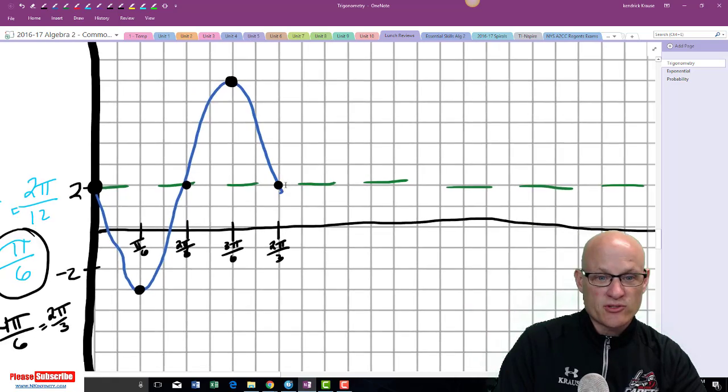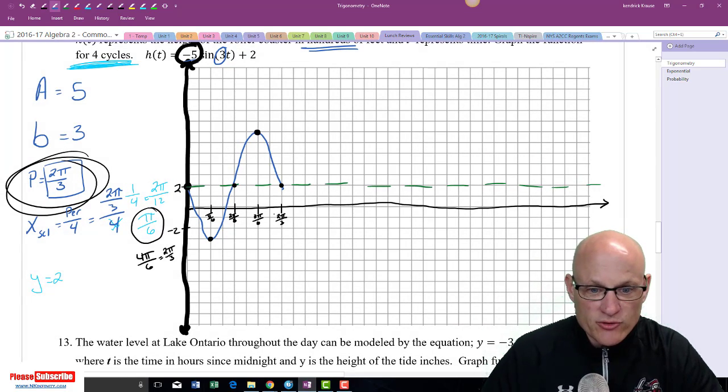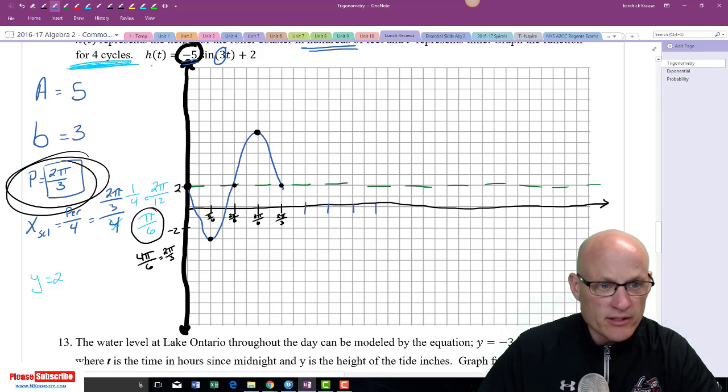Now, I'm going to blow out, and I'm going to do this 1, 2, 3, 4. Here goes my next one. Goes down here. Remember, start at 0, in the middle 0, end at 0, and in between these two is a max.